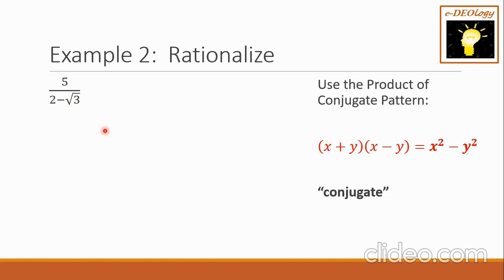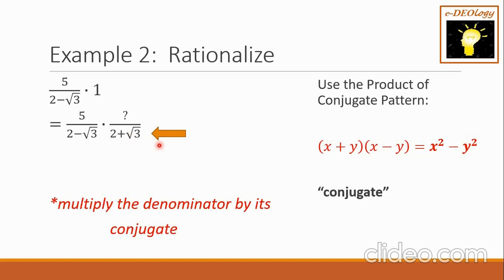Our first step is to show that we are going to multiply this fraction by a value equal to 1. And this value equal to 1 is a fraction. Then we're going to think of our numerator and denominator here. For the denominator, we're going to multiply this value by its conjugate. We simply copy that same first term 2, we copy that second term, the square root of 3, but the minus here, we're going to put the opposite sign, plus.